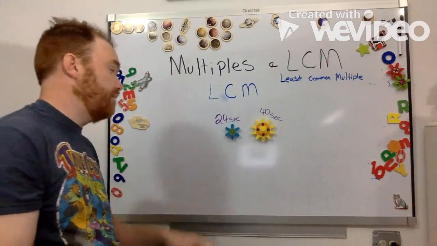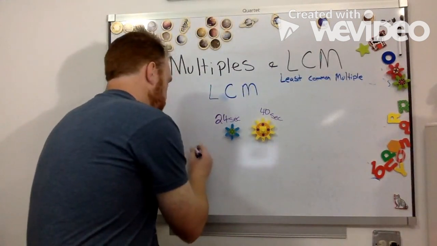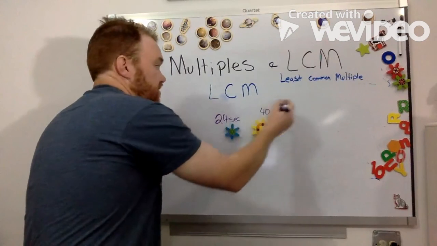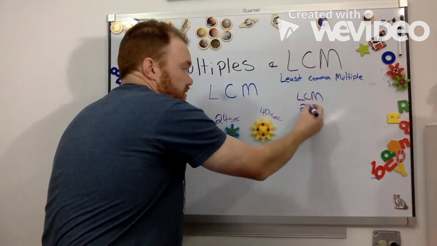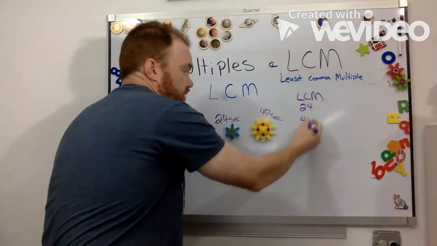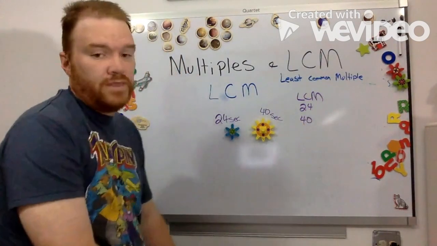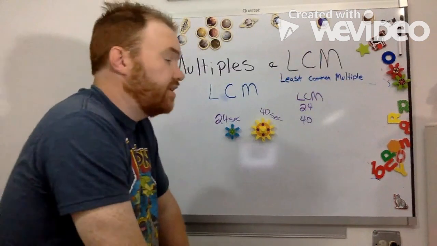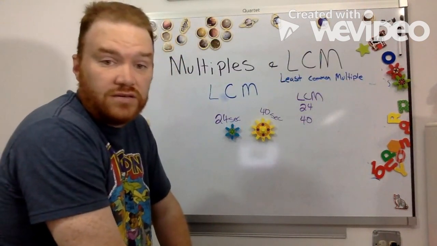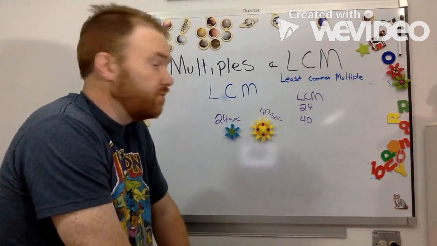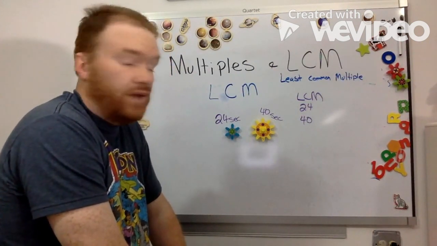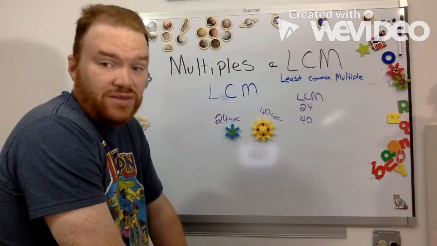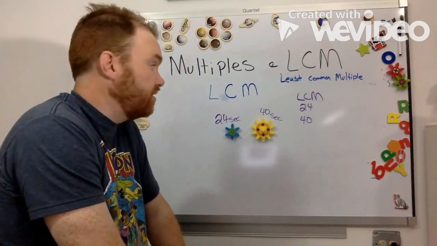So the LCM of 24 and 40. Now we can go ahead and list those out if we want, but really, with 24 and 40, I don't think I really want to list those out.